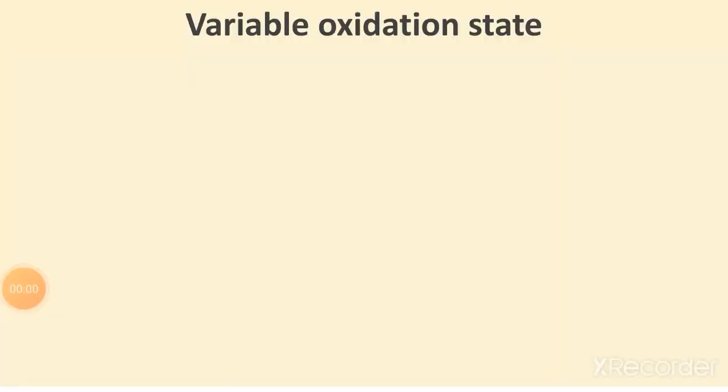Now dear students, the last topic of this lecture is variable oxidation state. This is very important from the examination point of view. Here one question arises, why do the transition elements show variable oxidation state? The reason behind this is that the energy of the ns orbital is very close to the energy of the (n-1)d orbitals.